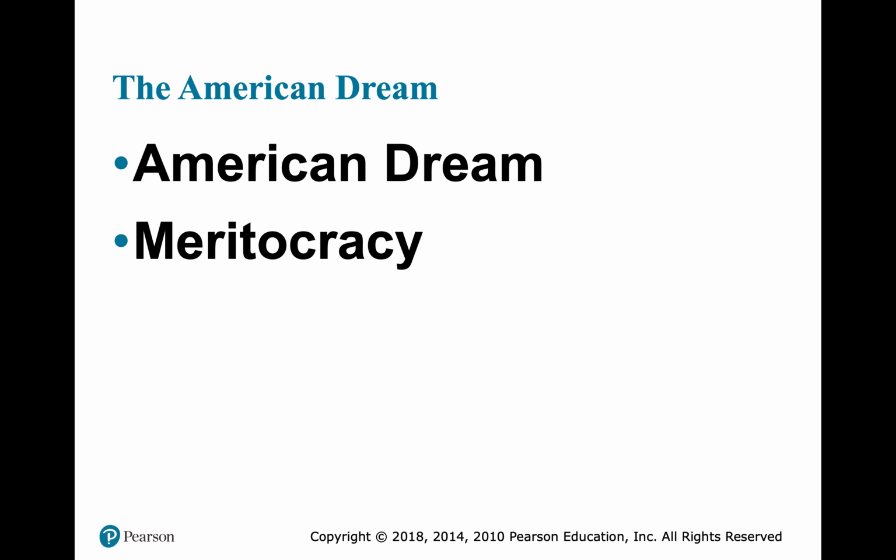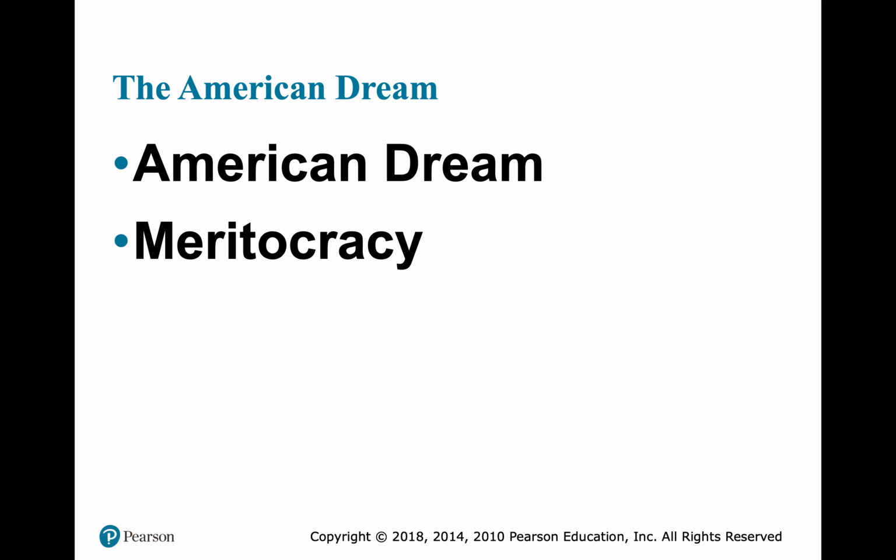Okay, so the American dream, this is the manifestation of that American culture and value. Like the melting pot idea that I just gave, the American dream is the manifestation of that. So it reinforces the notion of the United States as being a utopia.